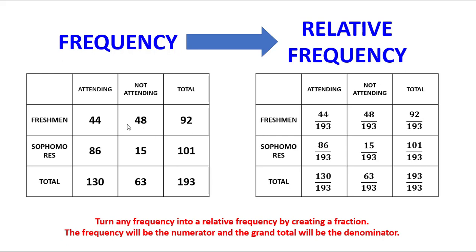I have simply taken each one of these values and placed them in the numerator, and my grand total, which is 193, has been put in the denominator. So now I have turned each frequency into a relative frequency by turning it into a fraction.